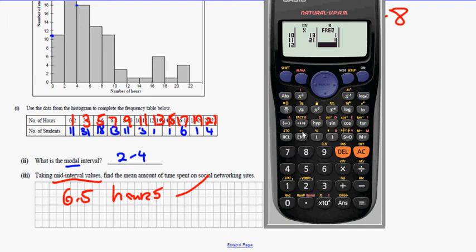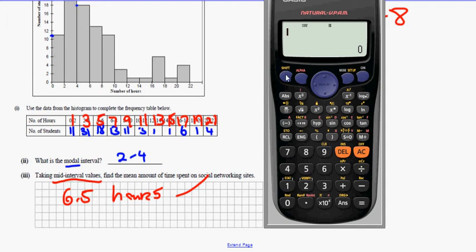Once you have it all entered in, can anybody tell me what's the next step? Press AC. Remember, you're doing statistics. Does anybody see the word stat on your calculator? It's above the 1, isn't it? What coloured writing is it in? Is it in yellow writing? Yellow means use shift.